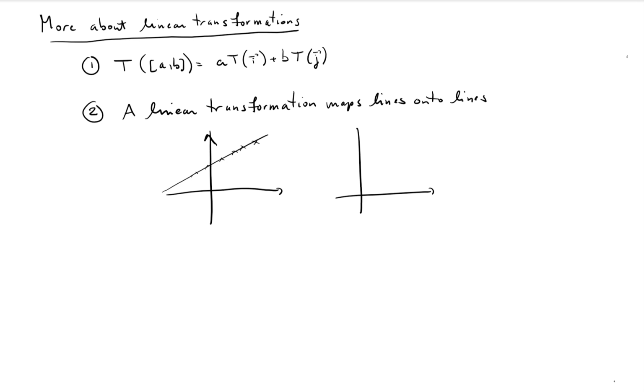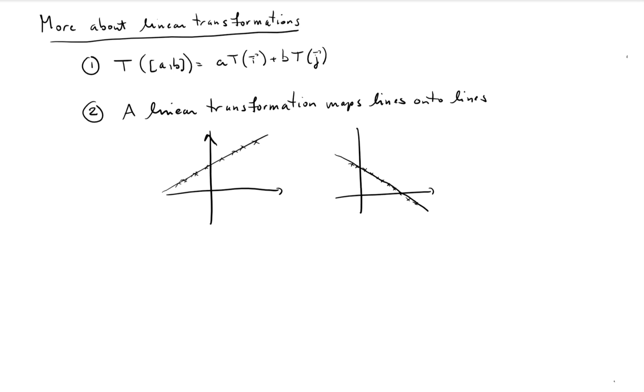All these points will get mapped onto the plane by a linear transformation, but it won't be able to be mapped into some funky curve like this. That's not possible with a linear transformation. That's due to the properties that it has to satisfy. By using the properties, we can actually show that all these points will be mapped onto a line. Maybe not the same line, but it will be mapped onto a line.